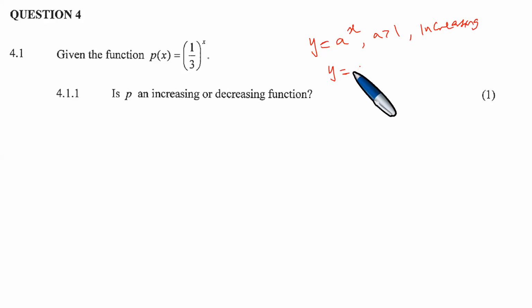If 0 is less than a less than 1, so the number a at the bottom lies between 0 and 1, like 0.3, a fraction smaller than 1, then you have a decreasing function.